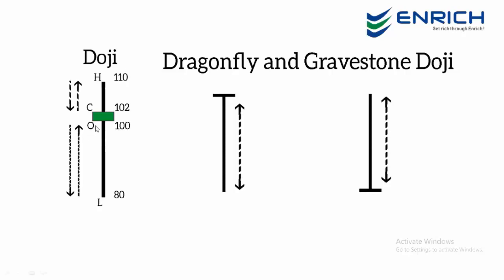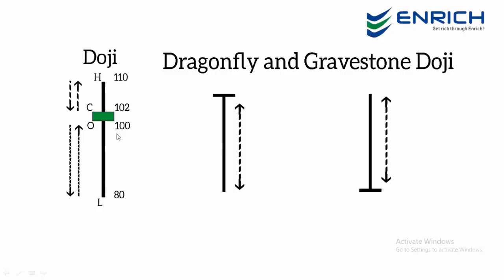If you see the doji, the opening price starts at 100, for example. The closing price is at 102, which means there is hardly any difference. It's just a difference of rupees 2, right? So neither the buyers are winning nor the sellers are winning. So the market is quite indecisive in a doji pattern, right?